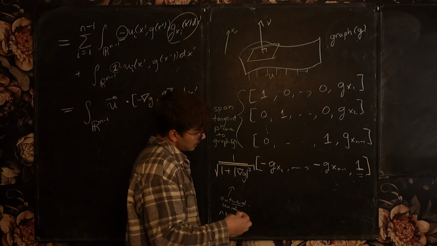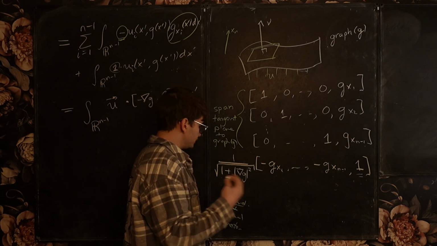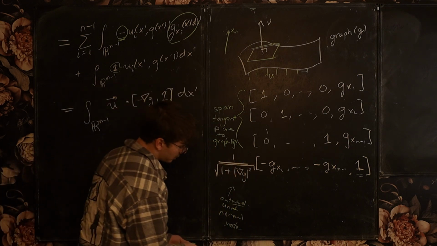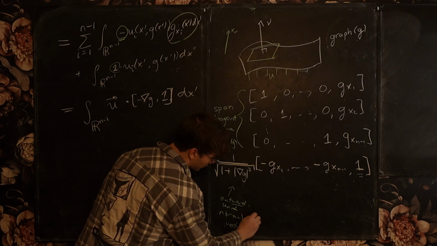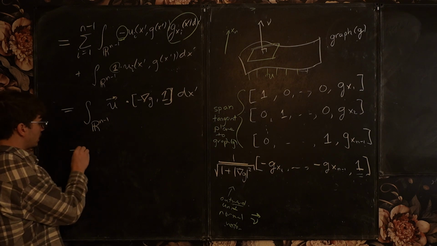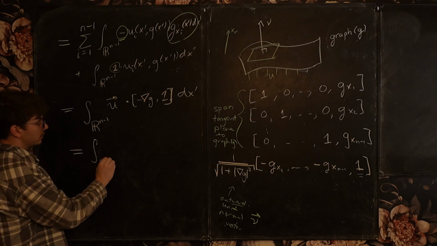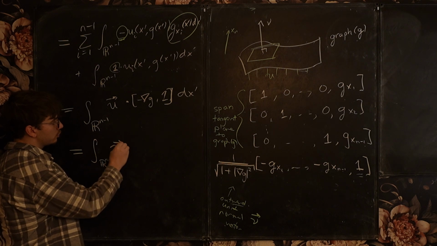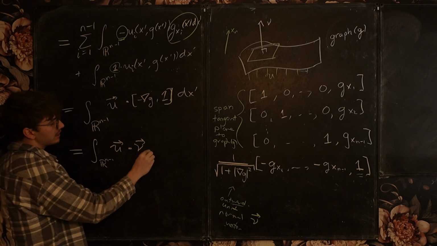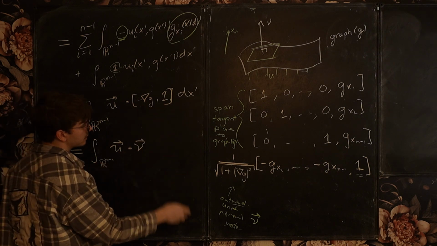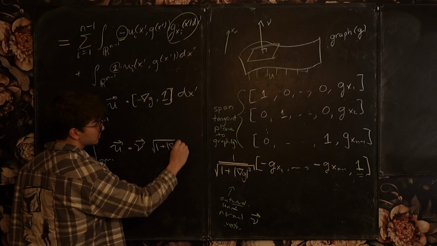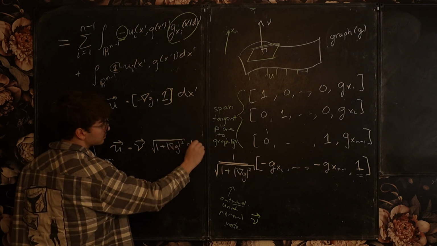If I use the notation of the theorem, this outward unit normal vector is my nu. So I can write this as the integral over Rn minus 1 of u dot nu, which is the correct direction, but then this is scaled by a factor of square root of 1 plus grad g squared dx prime.